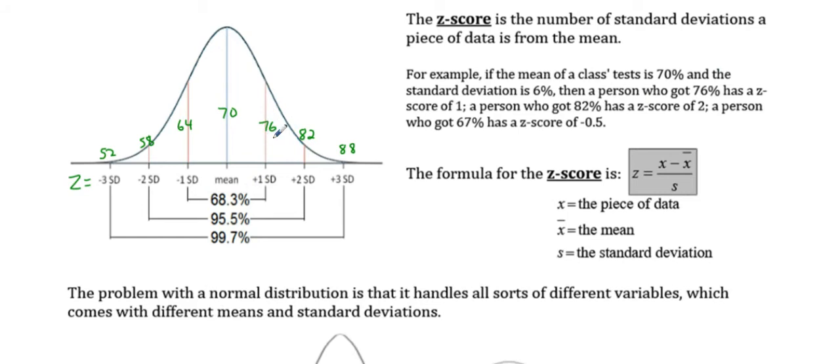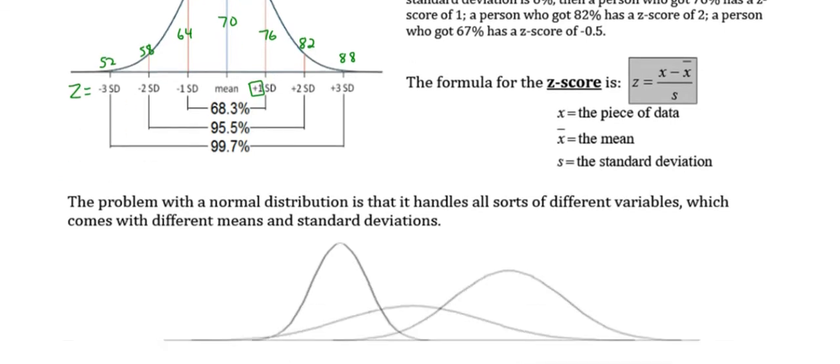So if you wanted to find the probability of a score being less than 76%, you would use the z-score formula to change it into a z-score of positive 1. And then the method we are going to learn is how to find the probability of being less than a z-score of 1.